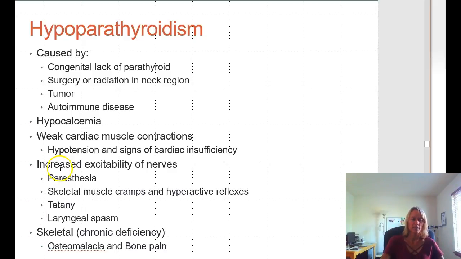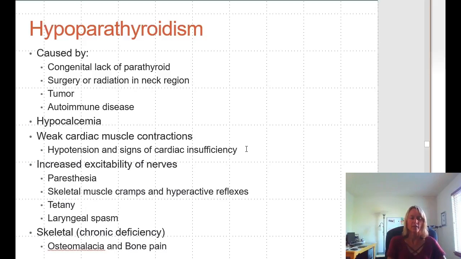It's also going to result in weak cardiac muscle contractions, and this will result in hypotension and signs of cardiac insufficiency. Now, the reason why the contractions are weak is, if you remember, cardiac muscle cells require extracellular calcium to come into the cell for a calcium-induced calcium release. So if we don't have enough calcium extracellularly, we're going to see weak muscle contractions.